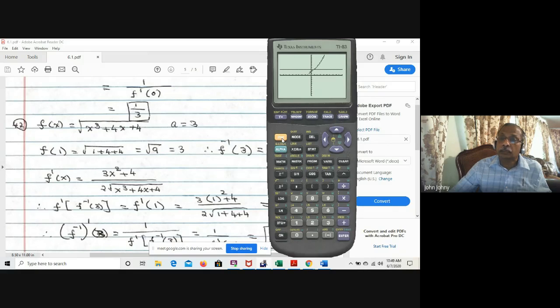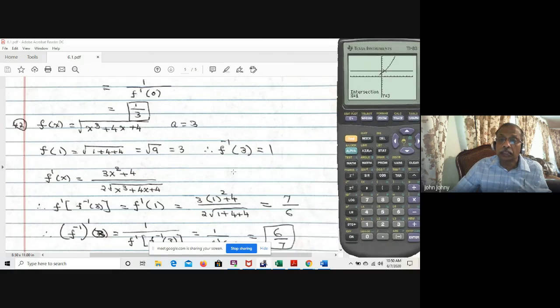Find the intersection point. Second trace, intersect, 1, 2, 3. You have to press 3 times. So x is 1, y is 3. So that is it. So f of 1 is equal to 3. Therefore, f inverse of 3 is equal to 1.